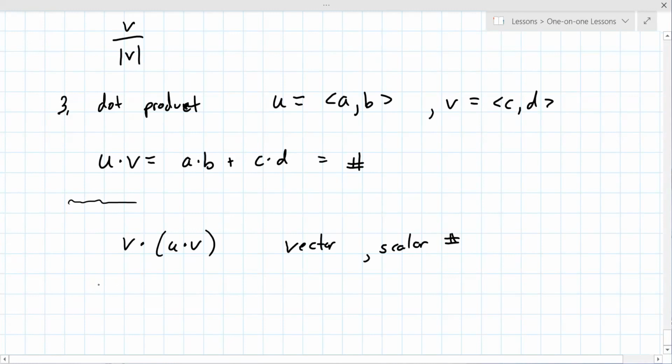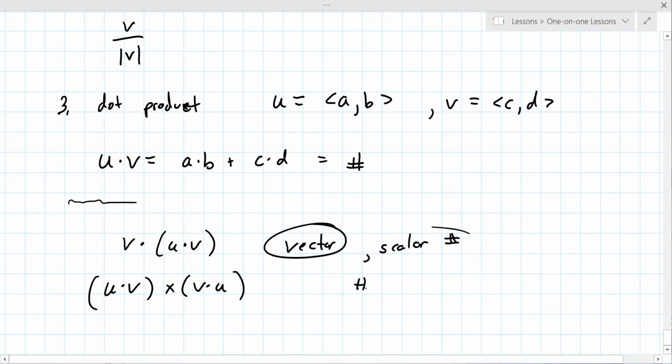Now it could be something like, what is u dot v times v dot u? That's a scalar. It's a number. There's a bunch of these that you could get. I'm not sure what your instructor would ask, but that's there.